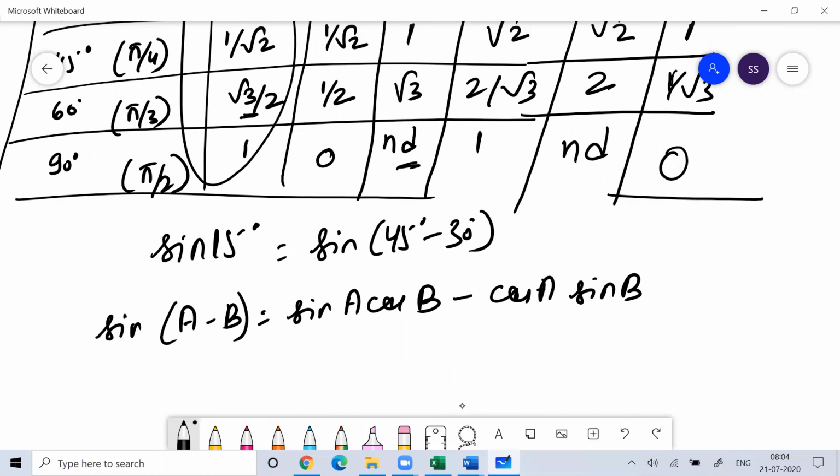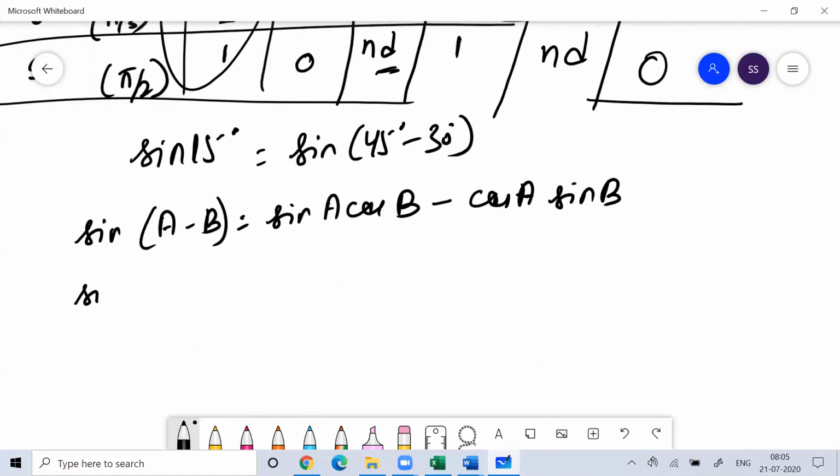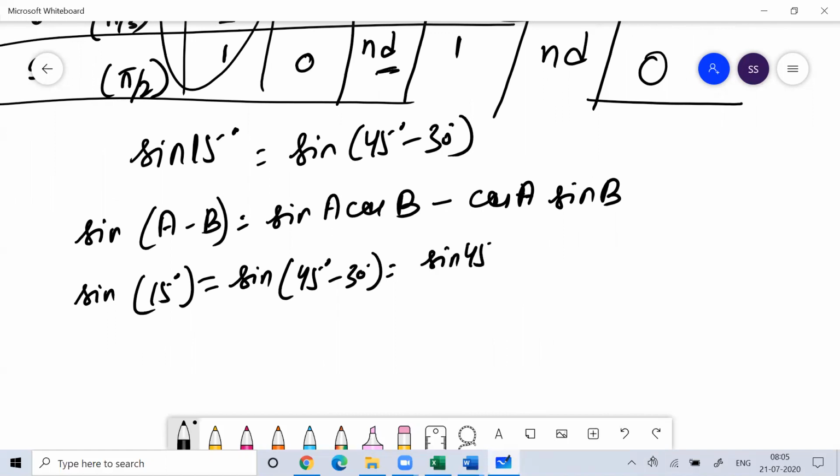In trigonometry, a lot of formulas you have to remember. Sine A minus B means sine A cos B minus cos A sine B. So for sine 15 degree, you write sine 45 degree cos 30 degree minus cos 45 degree sine 30 degree.